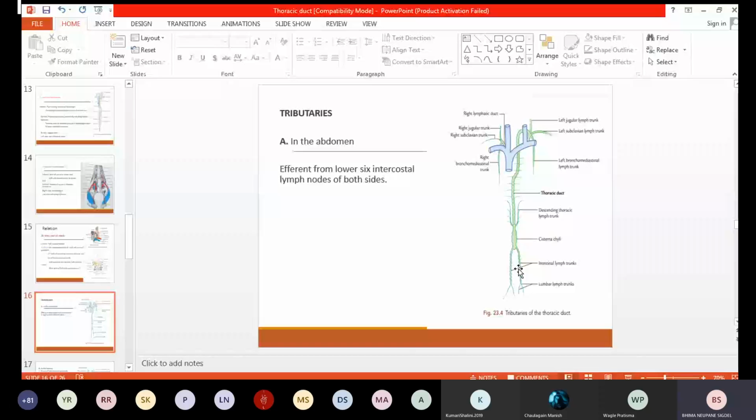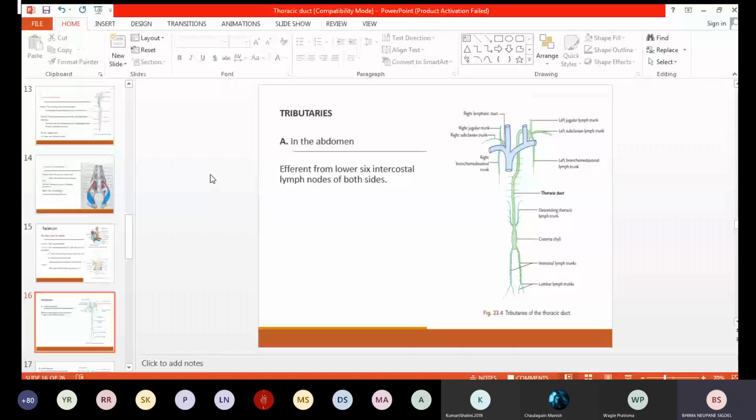In the abdomen, the thoracic duct drains lymph via the lower six intercostal lymph nodes of both right and left sides, and the efferents drain into the thoracic duct.